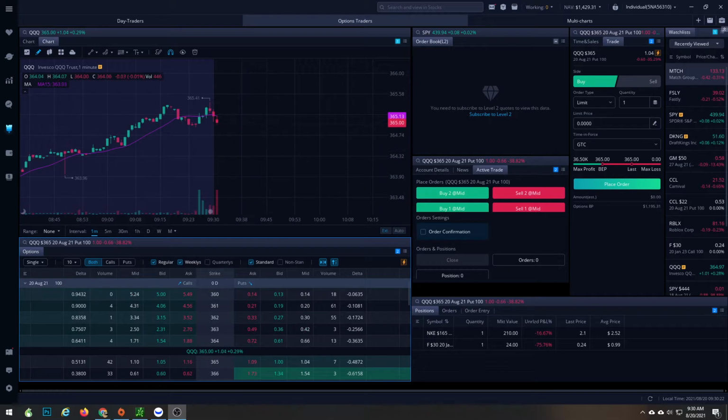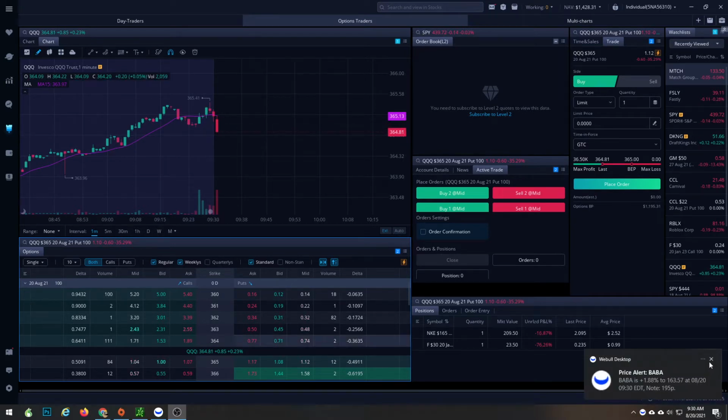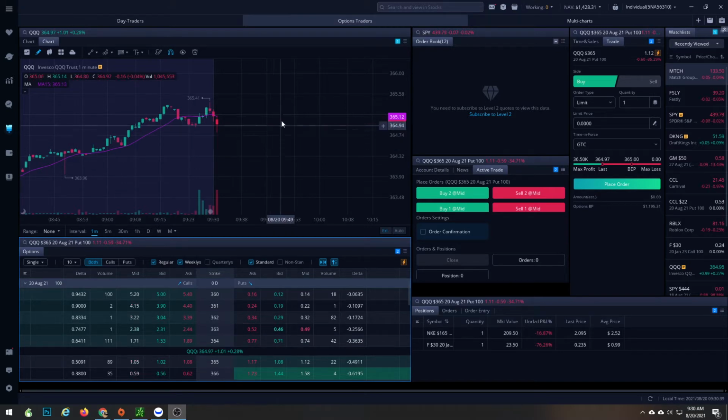I still think it's going to go up to 15,000 first before it comes back dropping. We'll see. Maybe it comes up to around the level here. Just being patient.